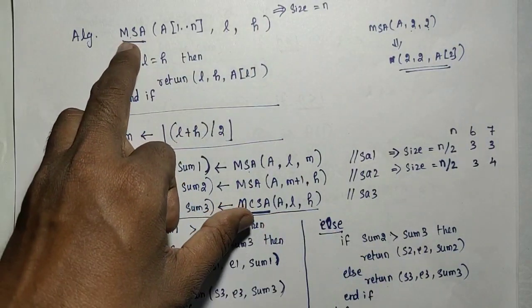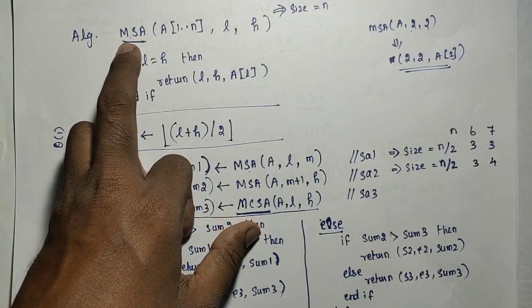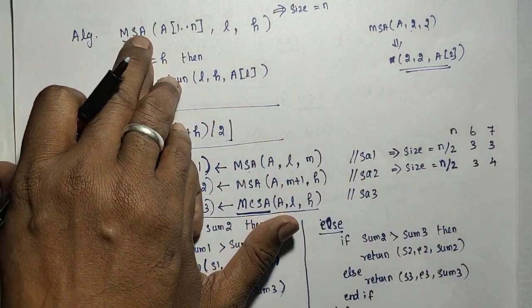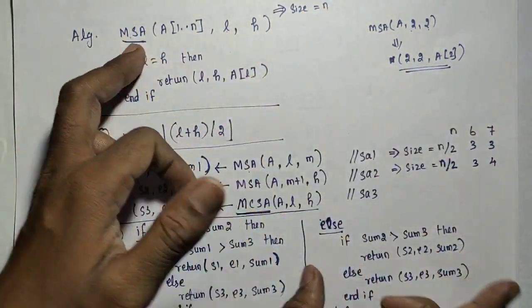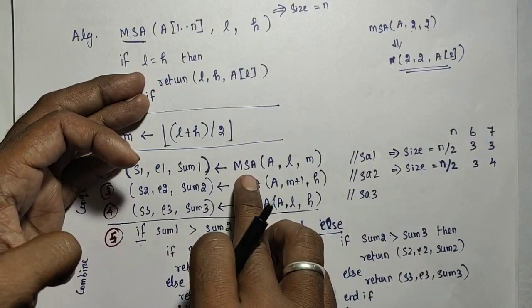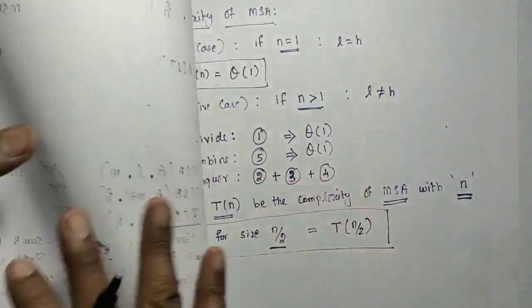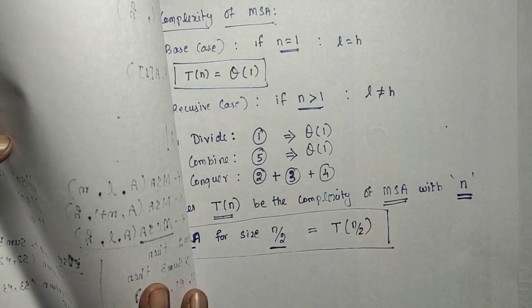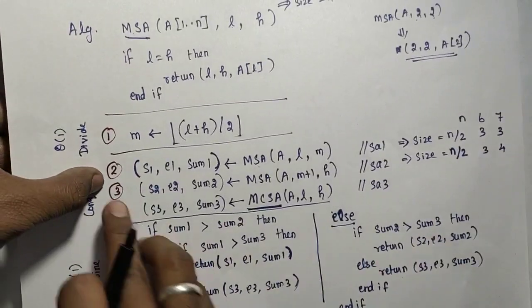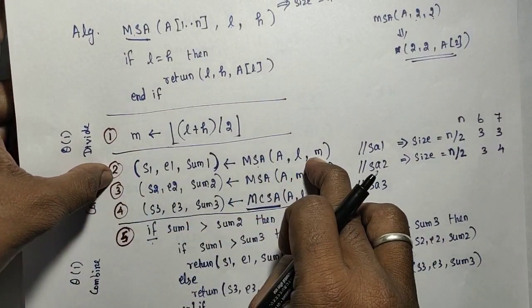That is the unknown complexity T of n that we are going to find; it is not found so far. So the complexity of MSA for the input size n is considered as the unknown complexity T of n, and the complexity for MSA with size n by 2 will be T of n by 2. So I can say that the step 2 complexity is T of n by 2.